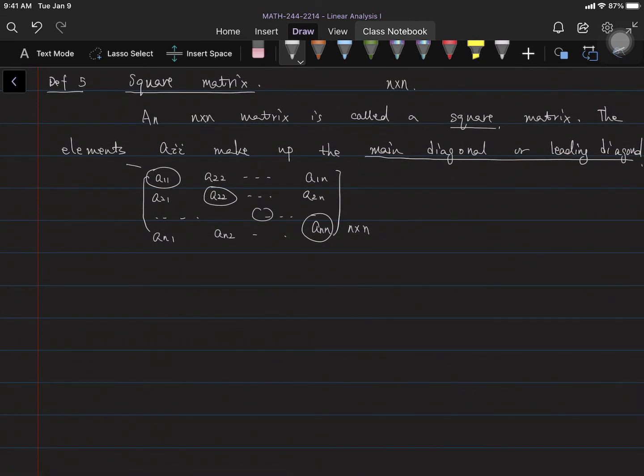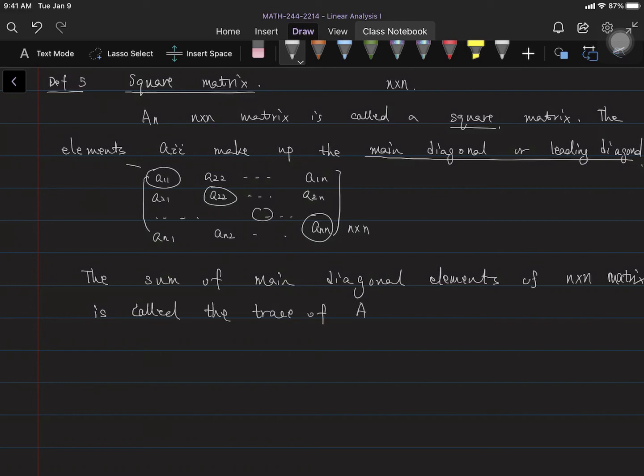And there's another definition. The sum of the main diagonal elements is called the trace of the matrix A. So if we add all those diagonal elements together, the sum of main diagonal elements of the n by n matrix is called the trace of A, and is denoted by tr(A).